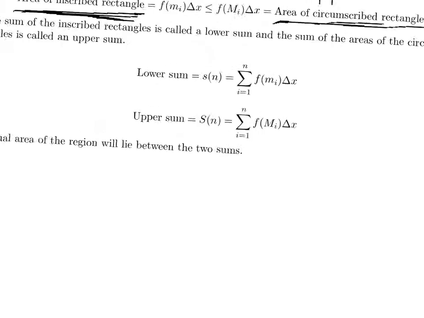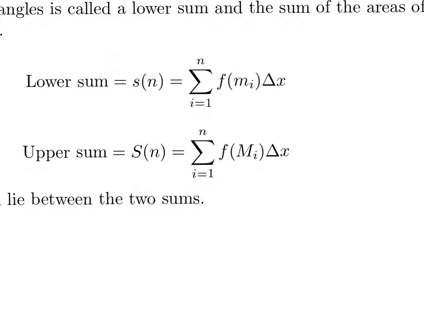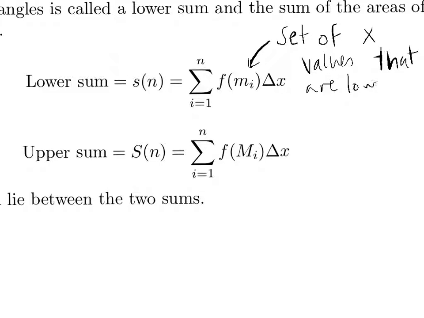So the lower sum, yes, we do use a lowercase s for the lower sum and an uppercase S for the upper sum. And you'll note that what goes in here is the set of x values that are lowest for each interval.